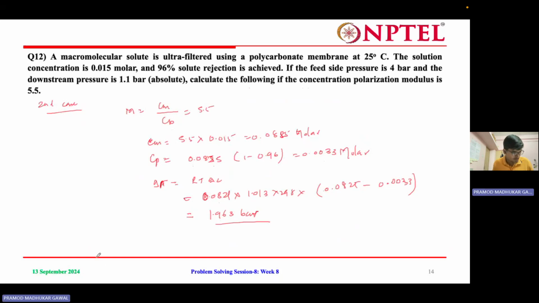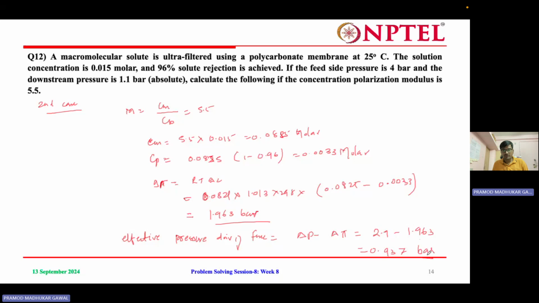Now we have to calculate the effective pressure driving force. It is delta P minus delta pi, 2.9 minus 1.963, so 0.937.